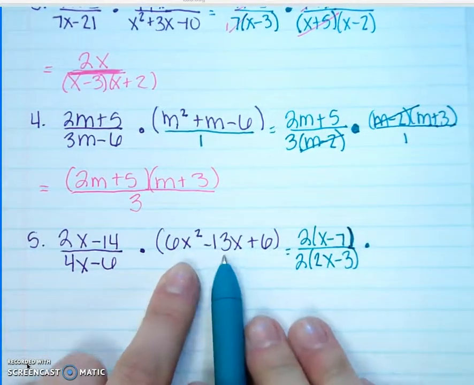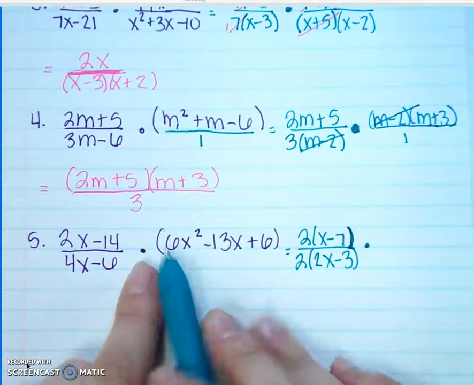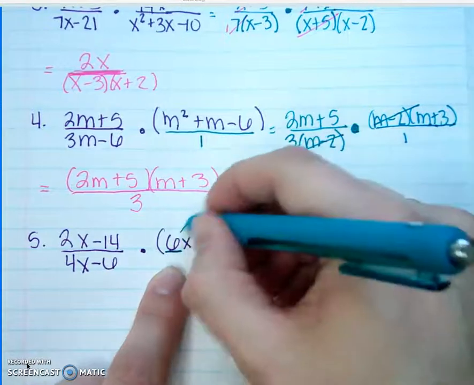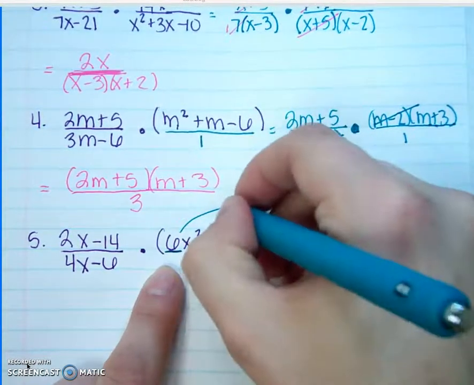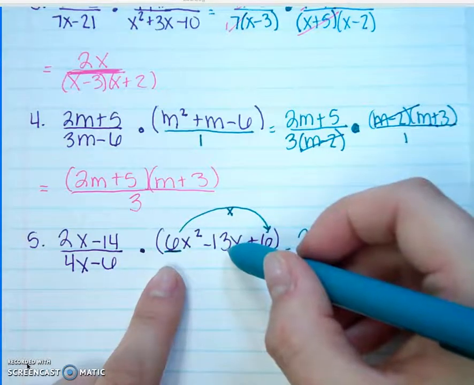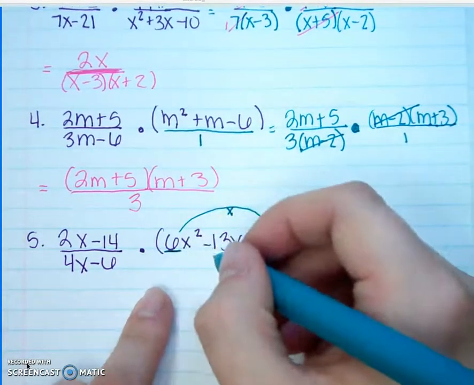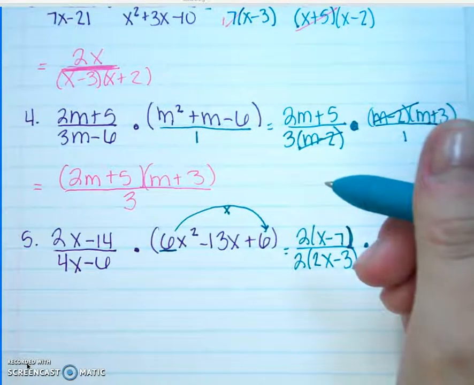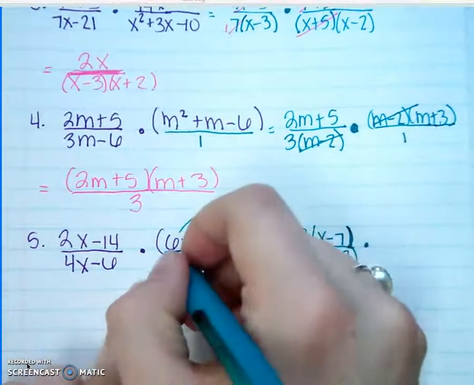All right, now I'm going to have to factor this. There is a coefficient in front of my x squared, so I'm going to multiply it by the last term. So it's got to multiply to 36 and add to negative 13. Okay, that's going to be negative 9 and negative 4. Yep, that works. So then I'm going to rewrite.